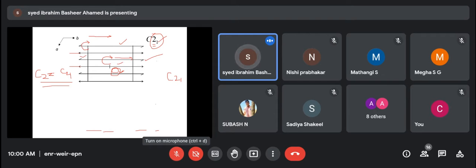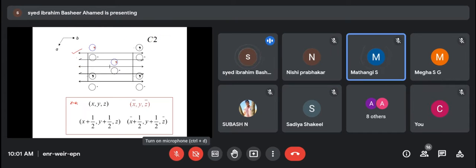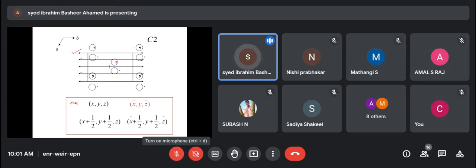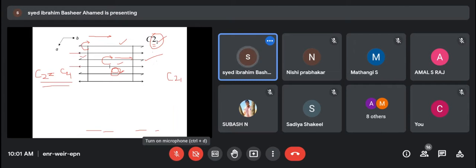Is it clear? In C2, at every 1/4 you put a screw axis. In C21, at every 1/4 you put a twofold rotation. That's the main difference.